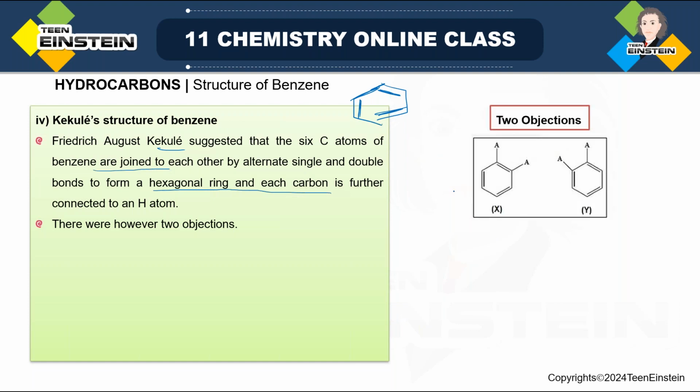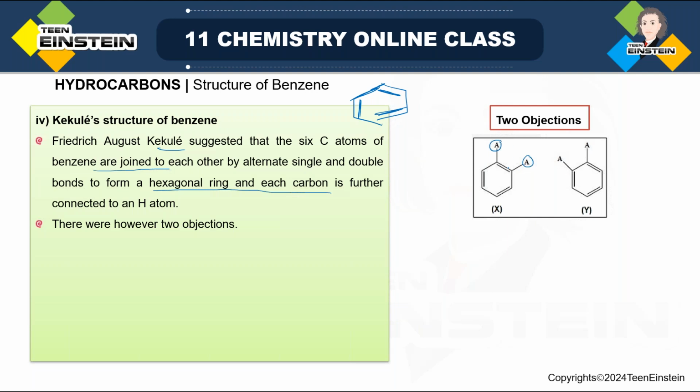The first objection is that suppose a single and double bond alternate, and there is a 2 substitution. A may be any group, arbitrarily you can consider anything. Now, when the benzene ring is disubstituted, that means 2 similar substitutions are present. It can be in 2 different ways, in the X format or Y format.